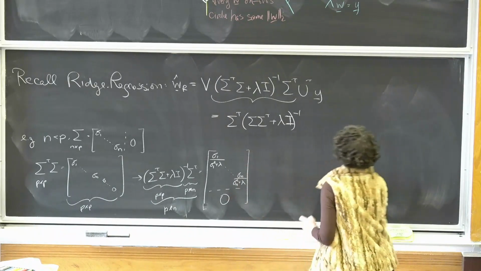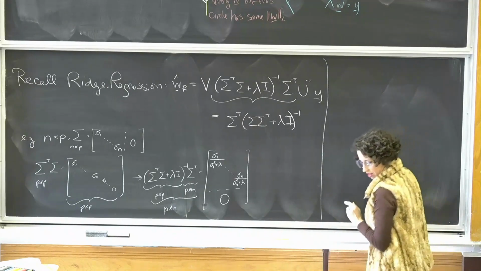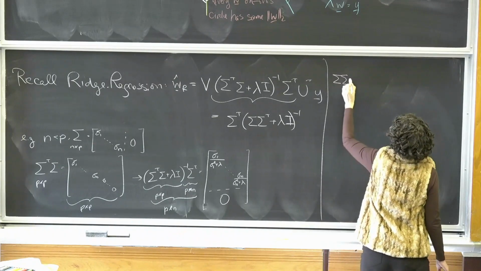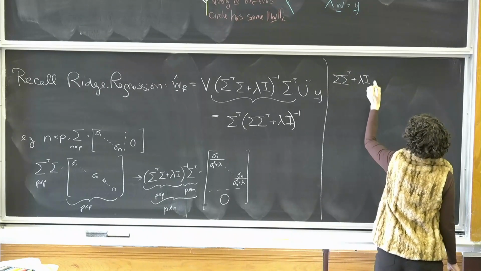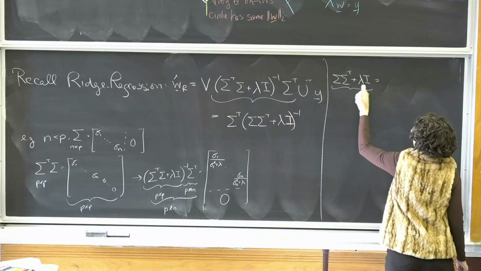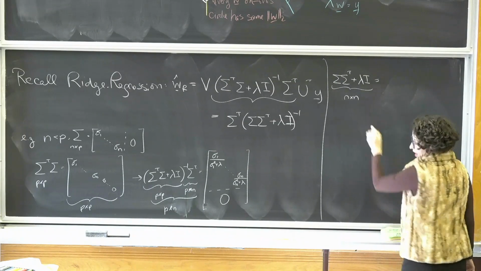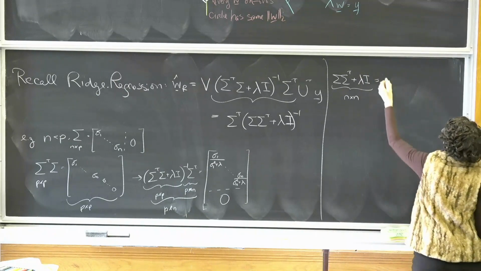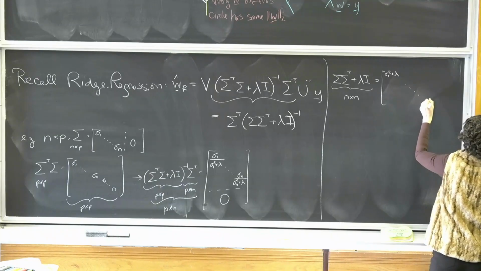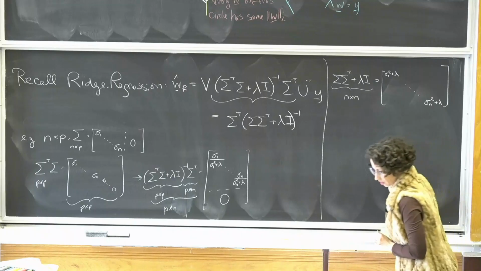Okay, now if I look at the equivalent thing that I mentioned here, then I am going to first look at sigma transpose sigma plus lambda times the identity. And what I'm going to get now is that this is going to be n by n. And so I will have sigma 1 squared plus lambda all the way to sigma n squared plus lambda in a diagonal matrix.